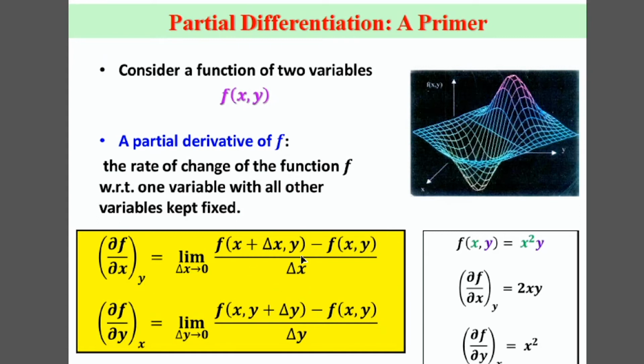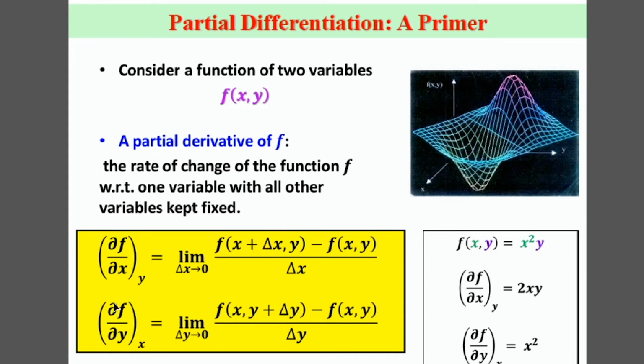and then you put the differential. How do you represent the differential? Delta change in x, f(x + Δx, y) minus f(x, y) divided by the change Δx, within the limits of Δx tending to 0. This is how you represent the differential.